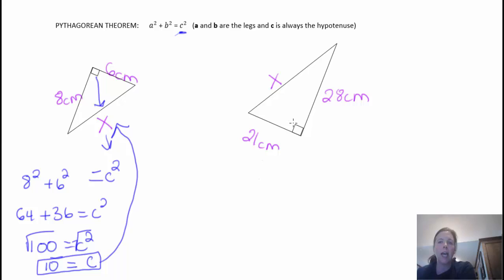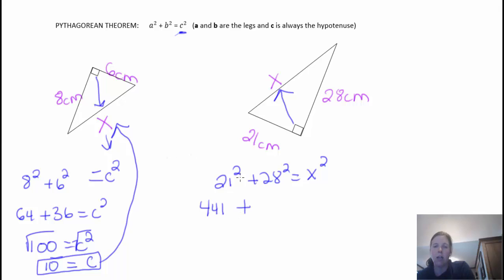Okay, over here again, we're looking for the hypotenuse. So 21 squared plus 28 squared, and I'm just going to use x squared this time. Okay, so 21 squared is 441. Yes, you can use your calculator. 28 squared is 784. You can just put this in if you want as well.